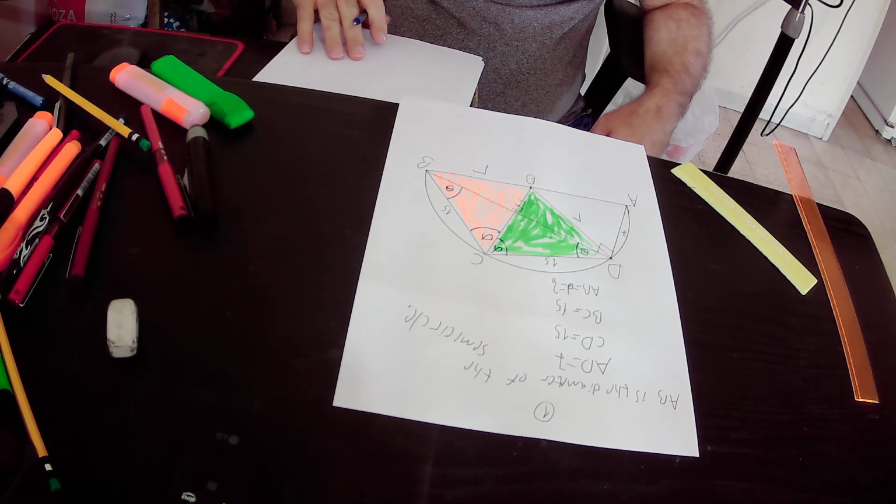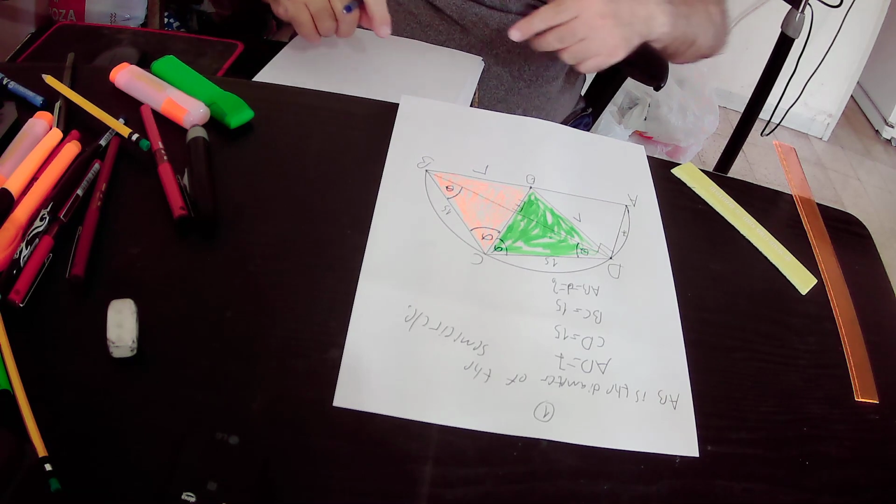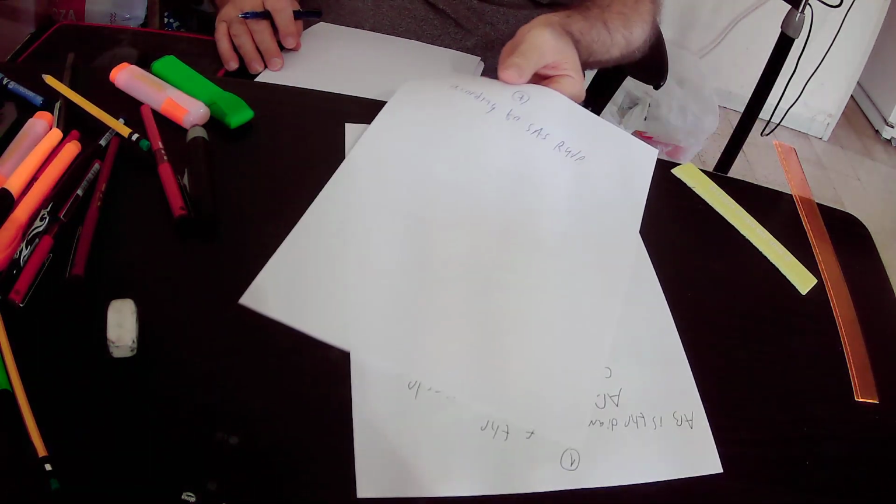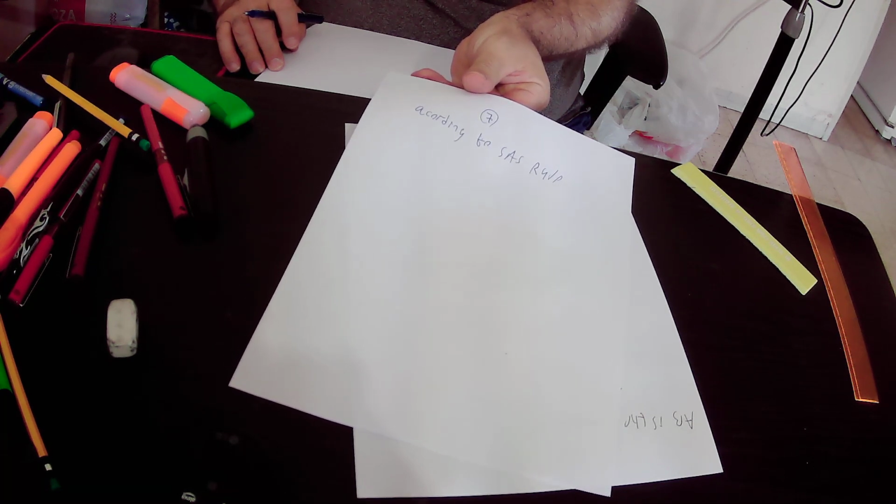So those two triangles are congruent to each other according to the side angle side rule.